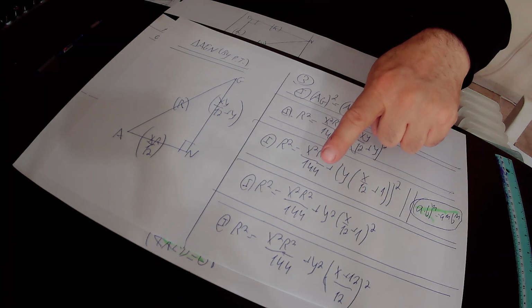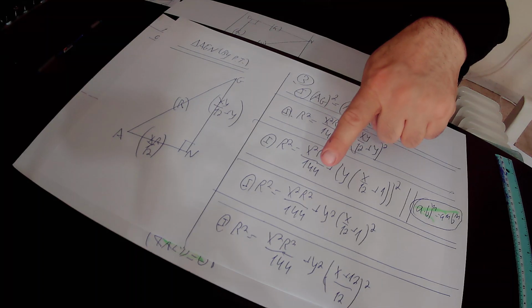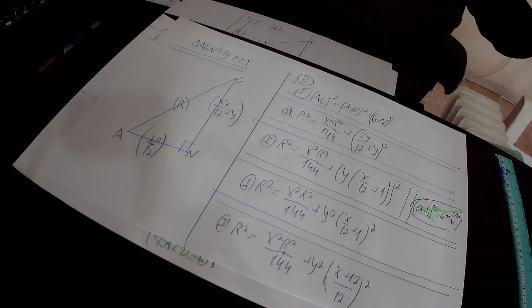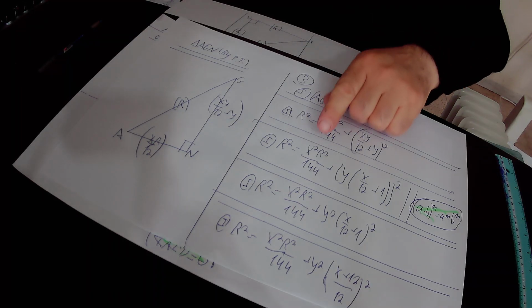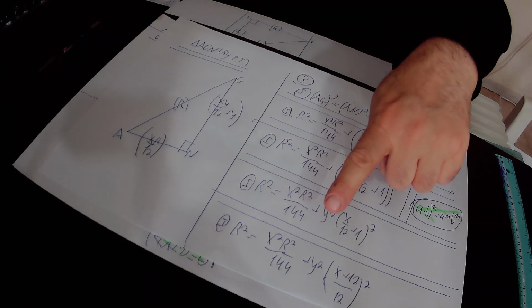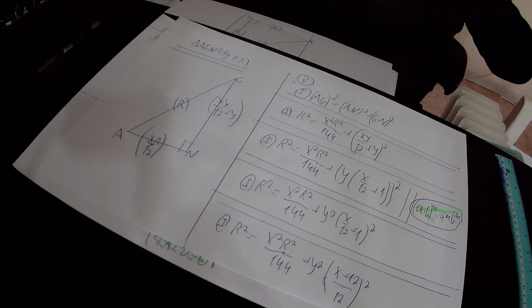And here we have x squared times r squared over 144, which is equal to r squared according to equation 1. So, according to equation 1, r squared equals x squared times r squared over 144.